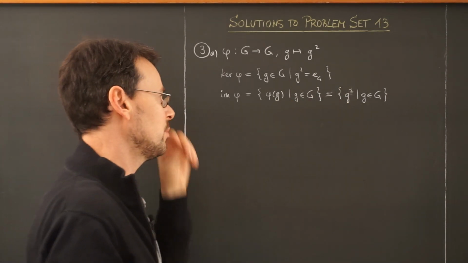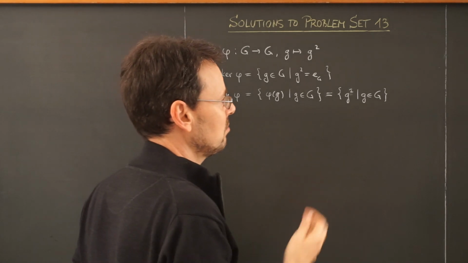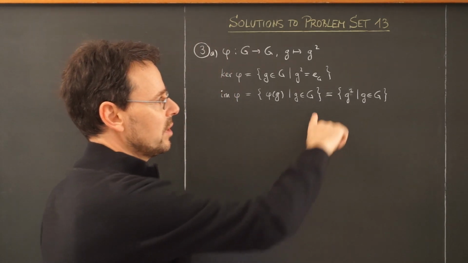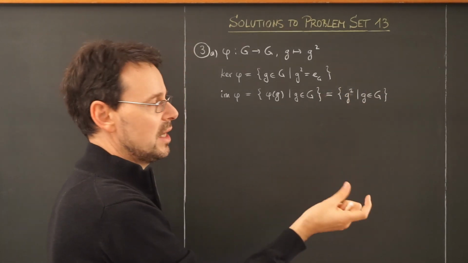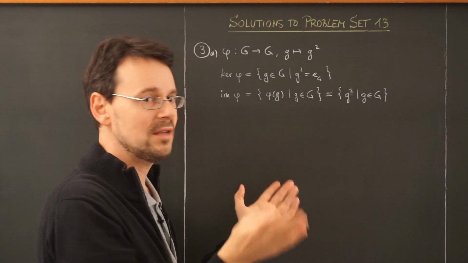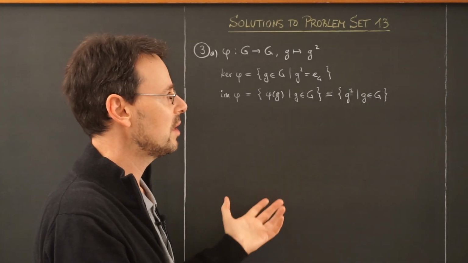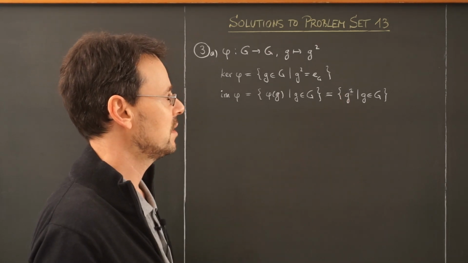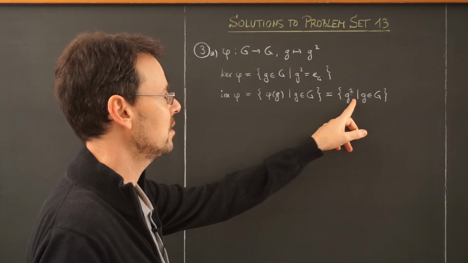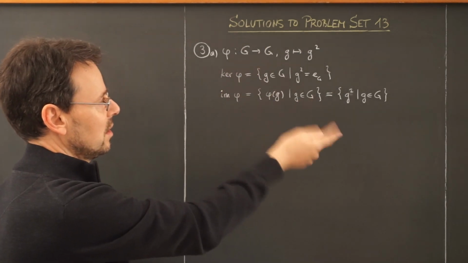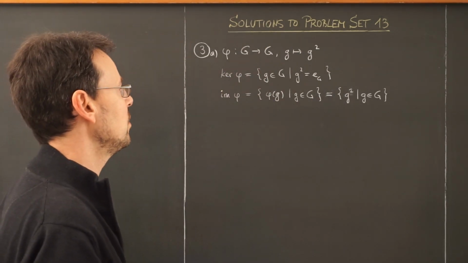I do not find this terminology particularly useful. Think of the Klein 4 group, for example, then this whole set collapses to the identity. Or in other words, the identity has different square roots, namely all the elements of the Klein 4 group, because they all satisfy that this here squared is the identity. So in this case, the kernel would be the image.